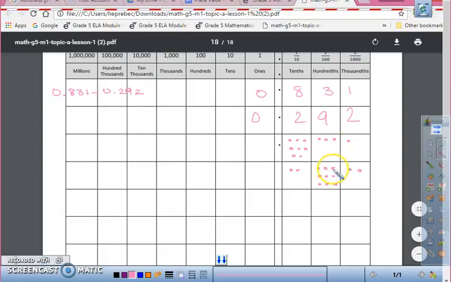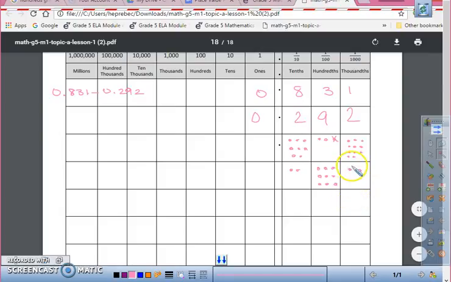So I'm going to have to borrow from our hundredths. So I'm going to get rid of this hundredth, and I'm going to remember that 10 thousandths make a hundredth. So I'm going to go 1, 2, 3, 4, 5, 6, 7, 8, 9, 10, so that I now have 11 discs.